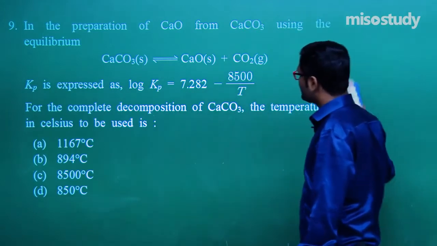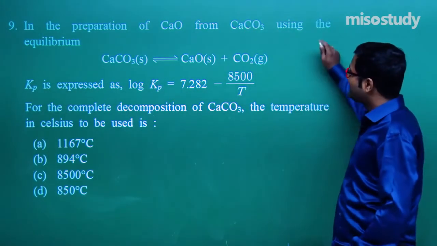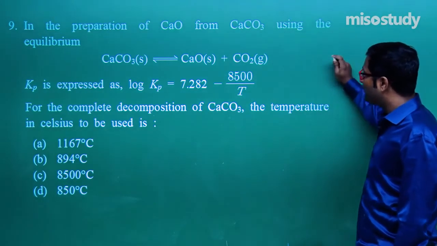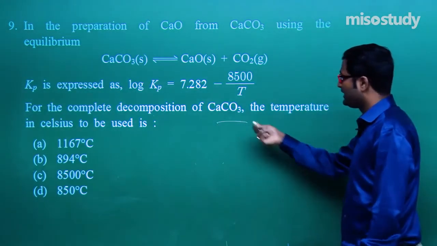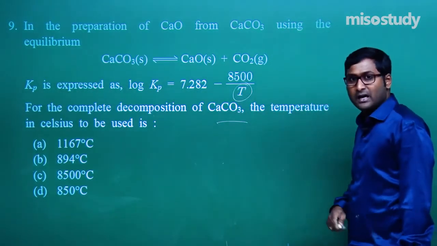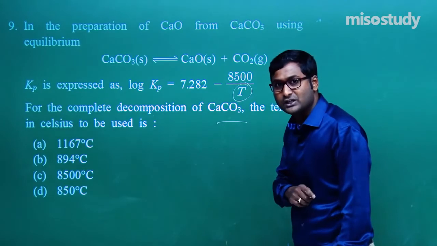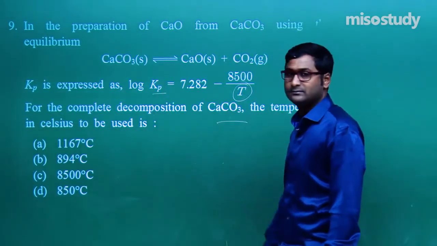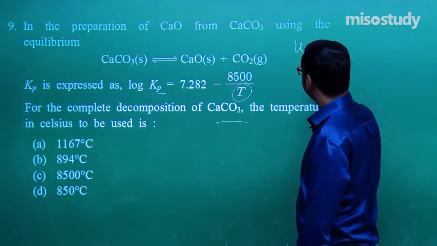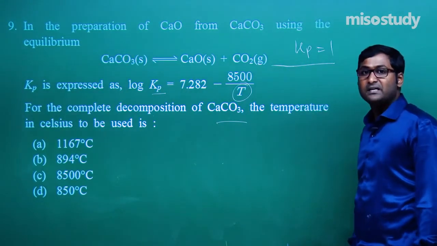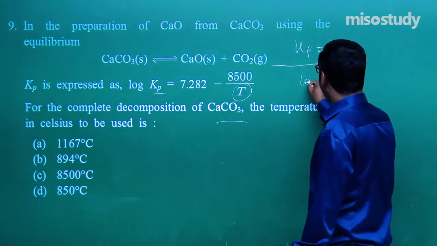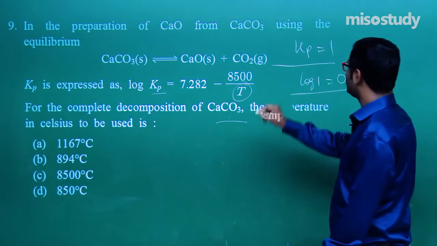I have included this question from my side: CaCO3 gives CaO plus CO2. Clear to you? For the complete decomposition of CaCO3, we have to find the value of T in Celsius. If there is complete dissociation, then what will happen, friend? Kp is equal to clearly 1, and log 1 is equal to 0.